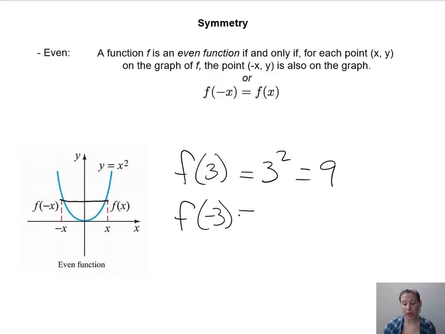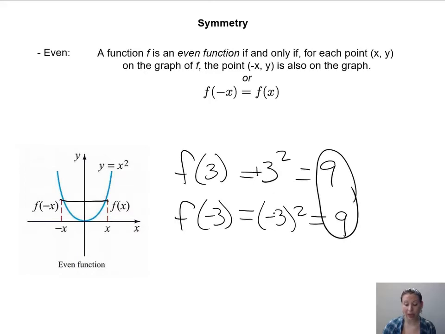Negative 3 squared, making sure that you're squaring the negative and putting parentheses on it, is also positive 9. Because we got the same value from the positive and the negative of the same number, that means this function is even.